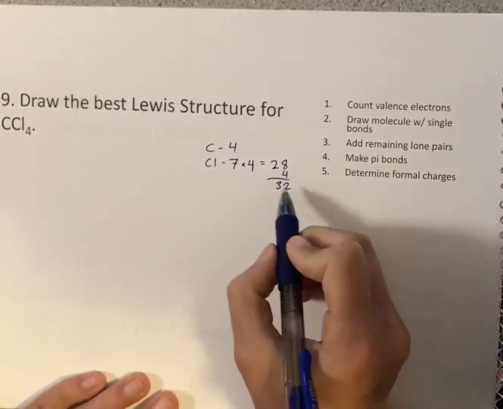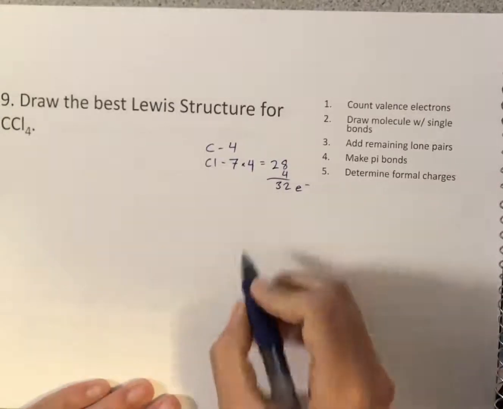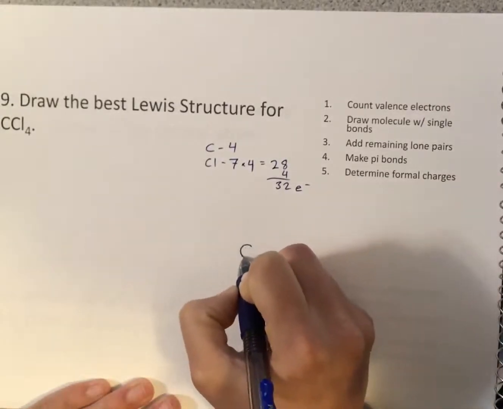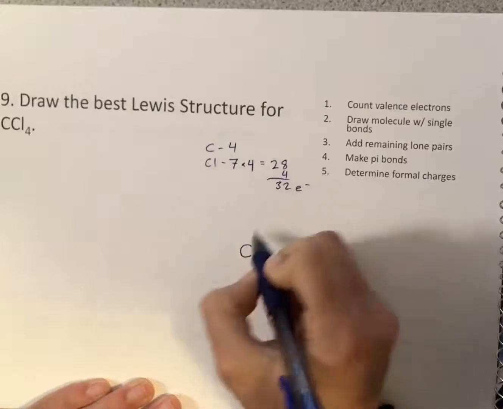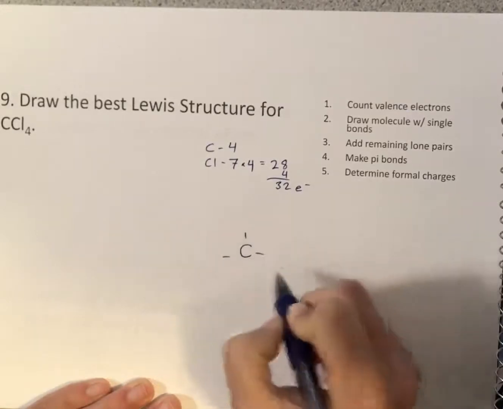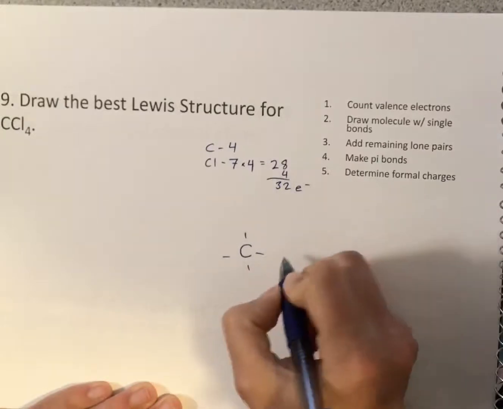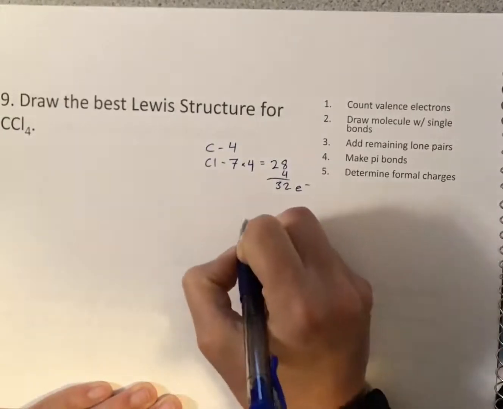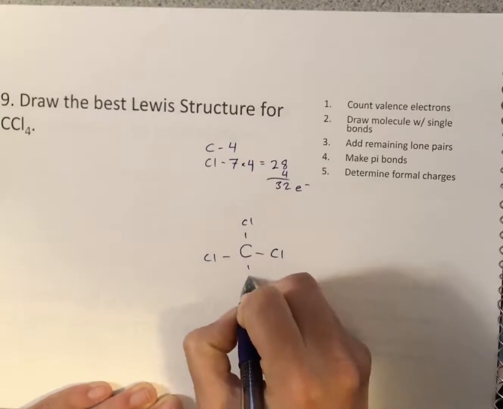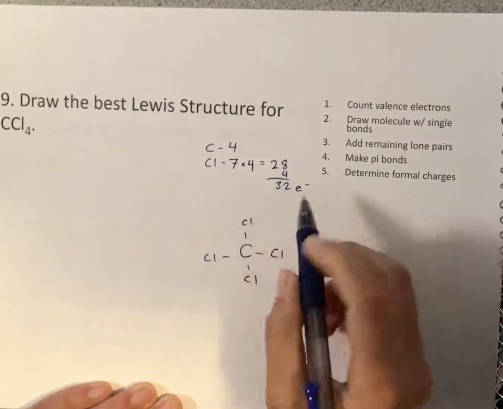So we have 32 valence electrons. The carbon goes in the middle because it has 4 valence electrons instead of 7, so it wants 4 more. The chlorines only want 1. So we'll put the chlorines around, and then we'll start putting on electrons.